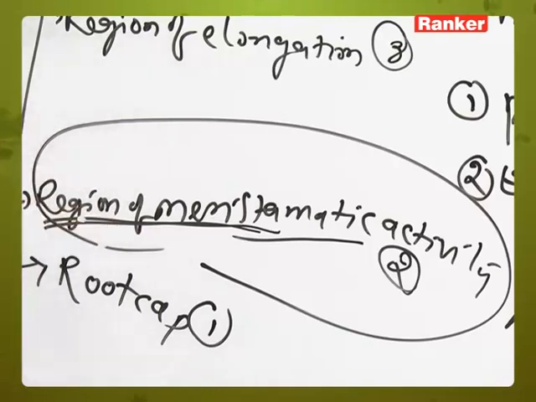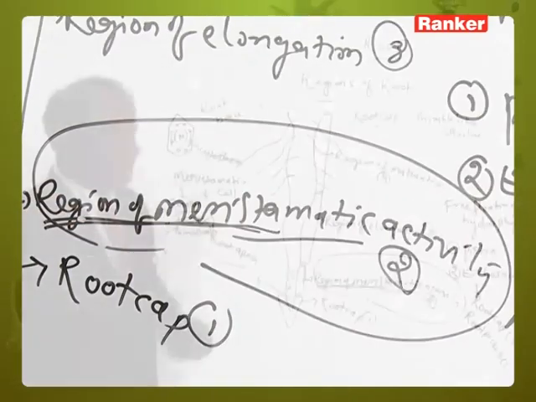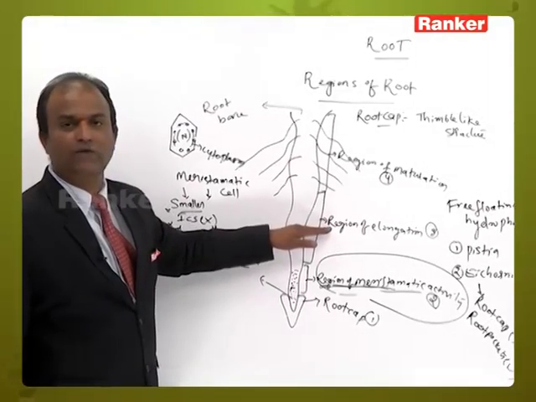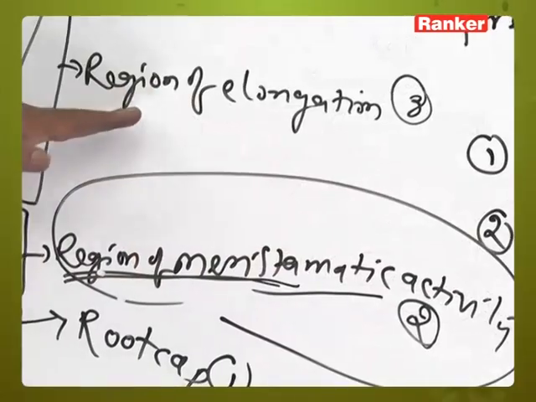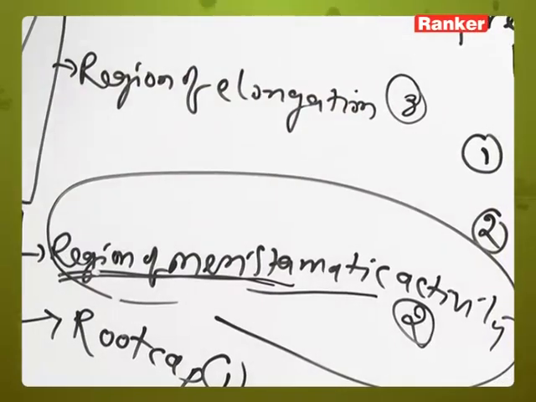After the region of meristematic activity, proximal to it, is the region of elongation. What happens in the region of elongation?